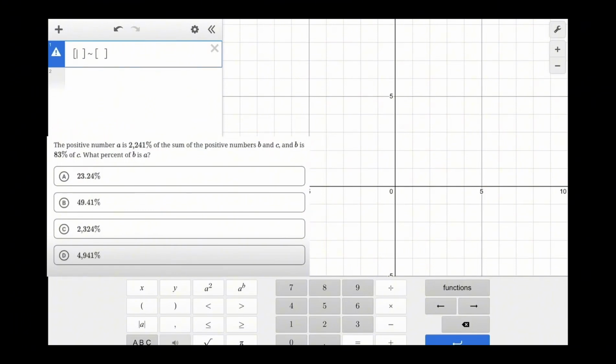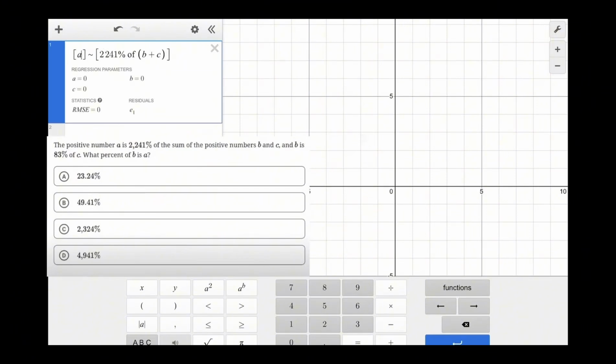So we firstly have A, the positive number, as equivalent to 2,241% of, so the "of" pops up automatically, so you don't have to type the whole thing, of open the bracket and B plus C.